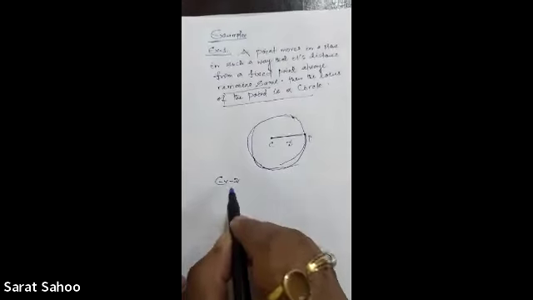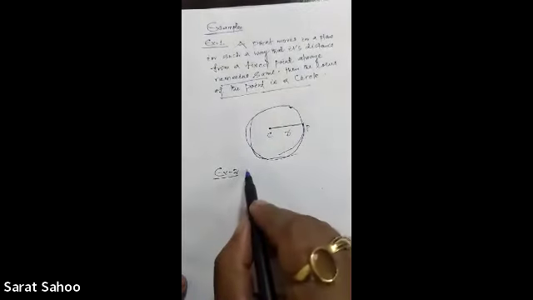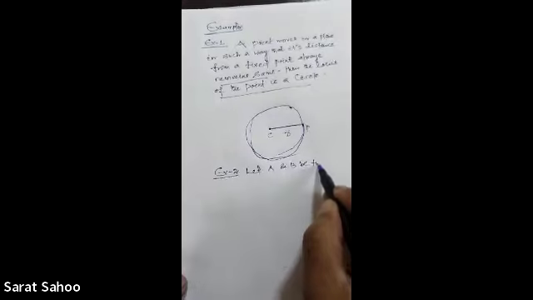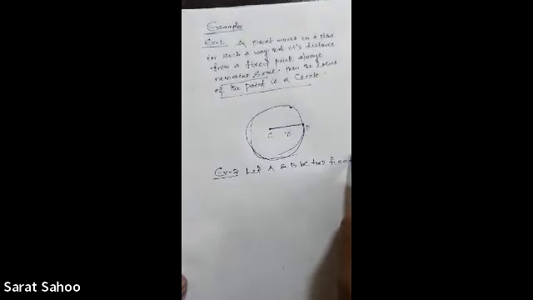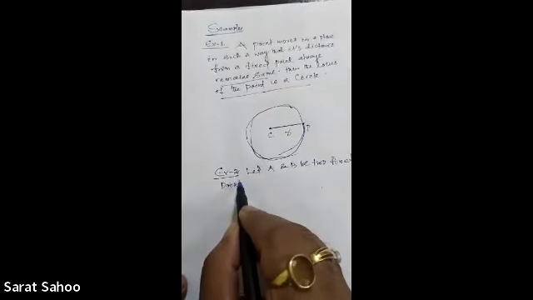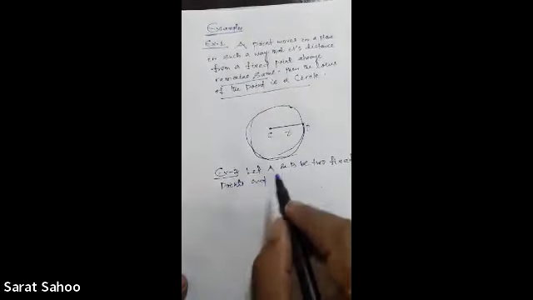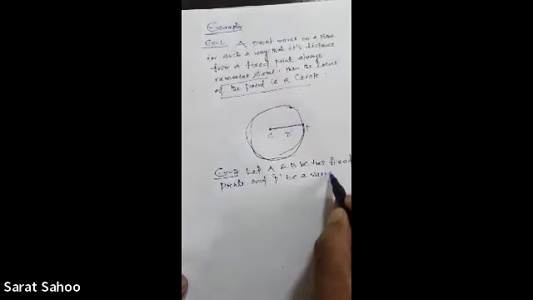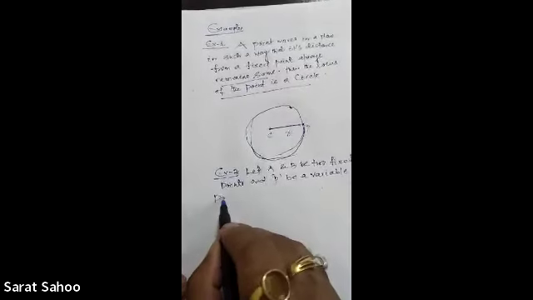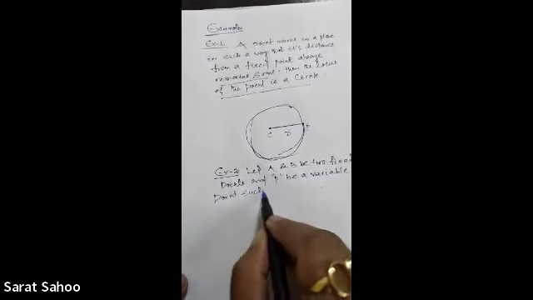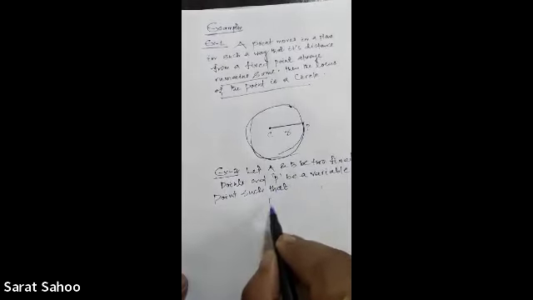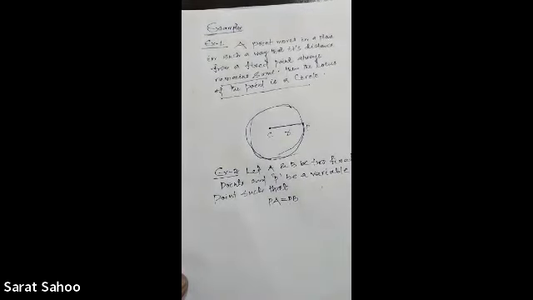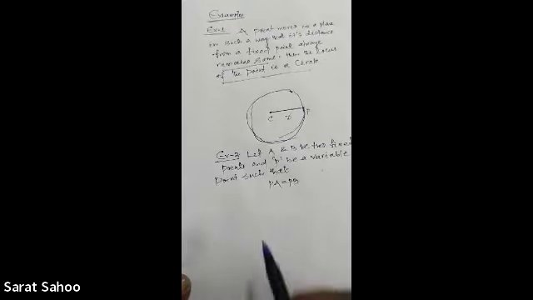Example 2. Let capital A and capital B be two fixed points and P be a variable point such that PA is equal to PB.